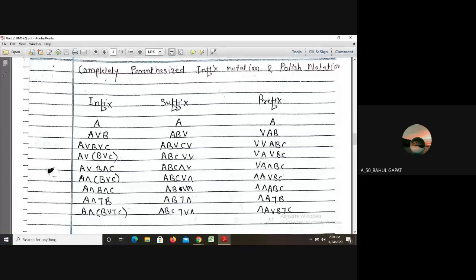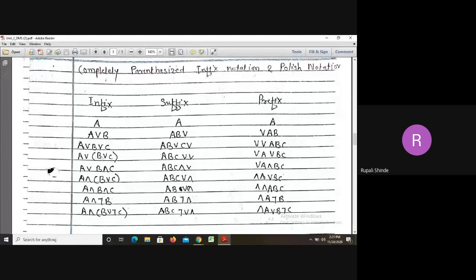BC or. So that BC or we have written here. Now what is remaining? A or. Again this or we have to take after all the operands. So A is here and that or is written here. So its suffix form is A, B, C, or, or.